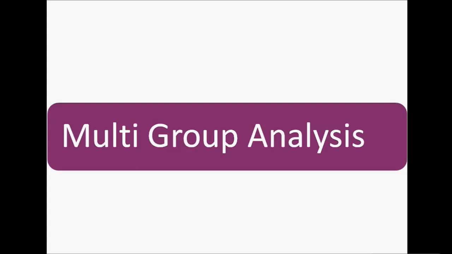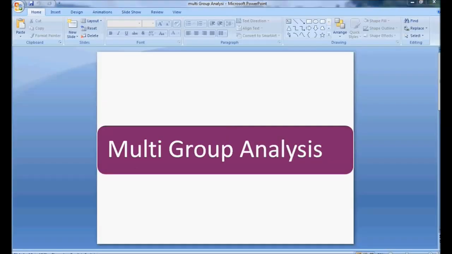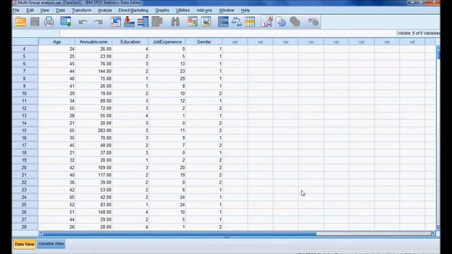For conducting this multi-group analysis, I am taking a very simple example to understand how multi-group analysis will be done in SPSS Amos. I have 5 variables in my example: age, annual income, education, job experience, and gender.